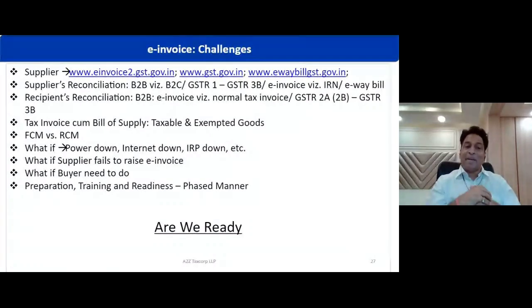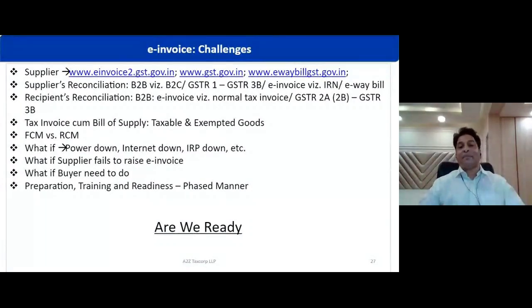Fourth point: tax invoice versus bill of supply. Big dispute. I'm a registered person engaged in taxable supplies and exempted supplies. B2B, no denial. For taxable supplies, I am normally supposed to raise a tax invoice.